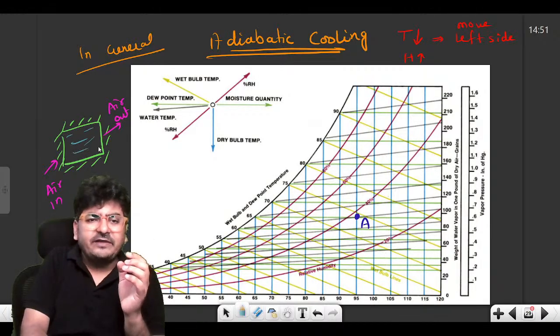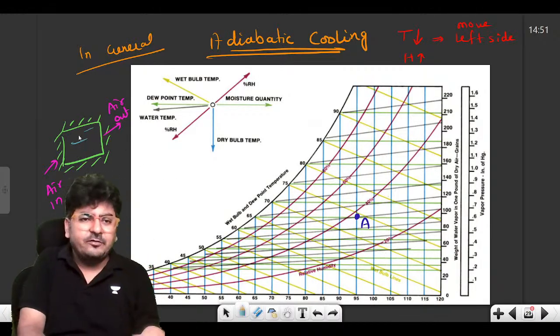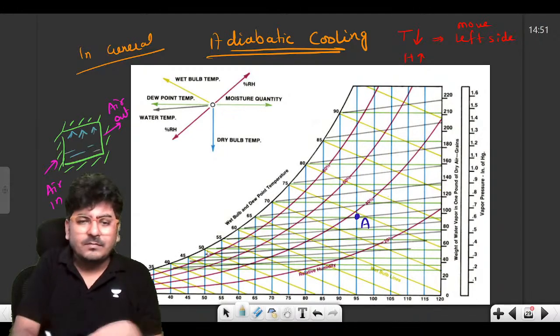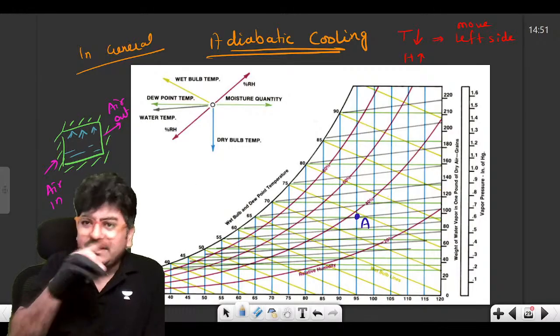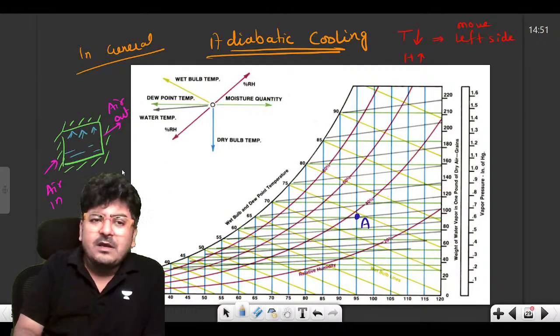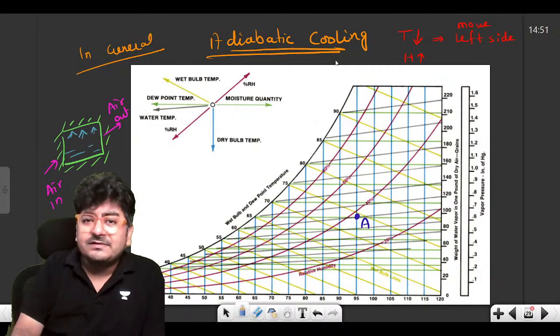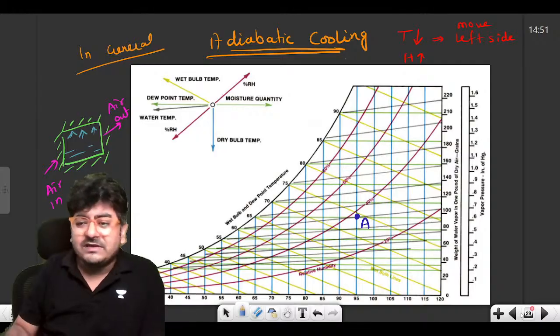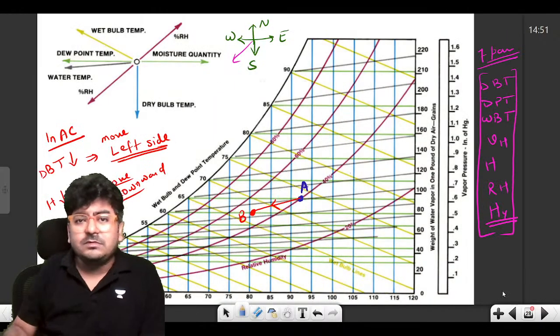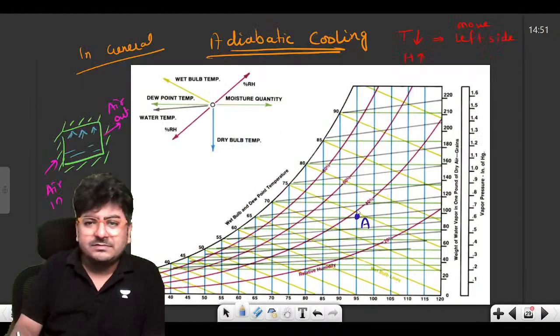Inside this, it is in contact with the water. Water is sprayed over this air. So what will happen? Due to the adiabatic conditions, temperature will decrease, that is obvious, but humidity will increase. Correct? So this point will move towards the left, or you can say northwest.